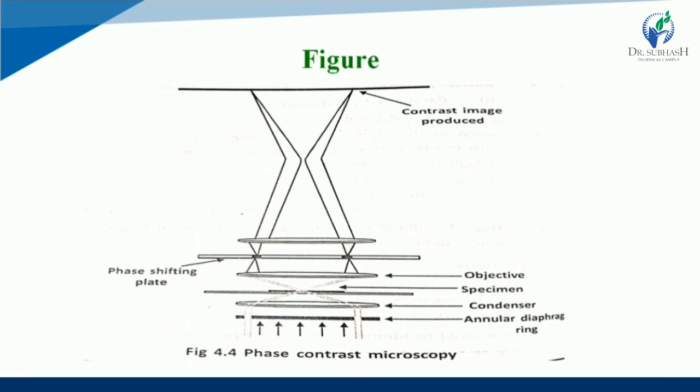Below the objective, the specimen is present. Below the specimen, the condenser is present. And last, the annular diaphragm ring is present. We already discussed the role of the objective, specimen, condenser and diaphragm.